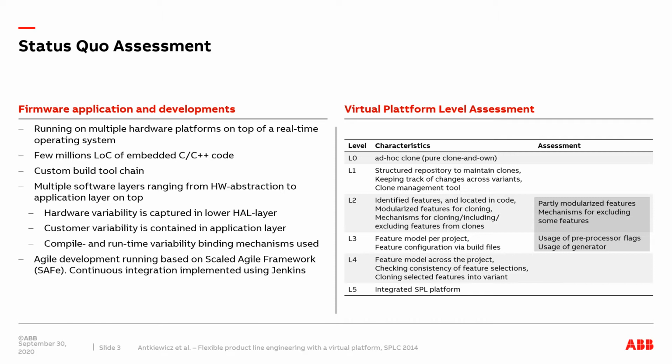We also decided to model features as customer visible features, so here we primarily address things which are visible to the customer. We also use preprocessor flags, so mostly we use compile time variability binding, and the project configuration or feature configuration is currently hidden within the toolchain. The idea of the demonstrator is to make the first step towards level 4 and to create a feature model for the project, which is built into a commercial SPLE tool.